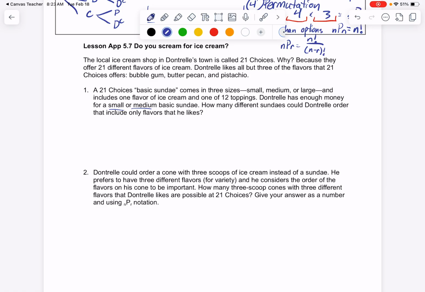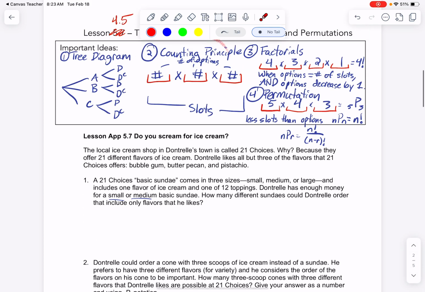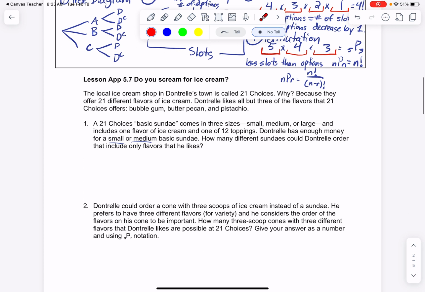So this is a multiplication counting principle question. If you want to pause and try it for yourself, I would go right ahead. What this problem is trying to trick us on is this size option. It says there are 3 different sizes at first, but then Dontrell only has enough money for 2 of those sizes. So when we make our slots, we need to remember that.